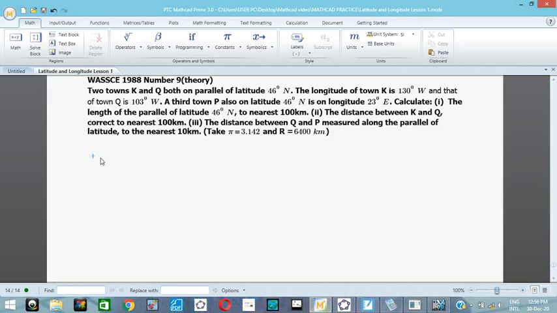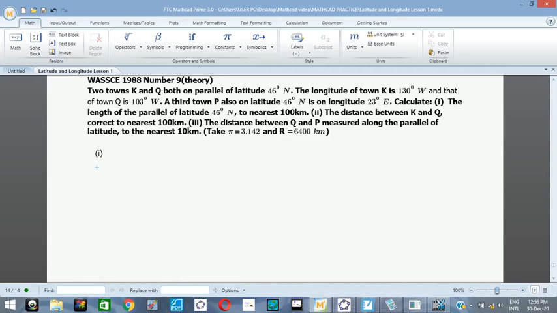So let's get number 1. Length of parallel of latitude. Let's start with the length of a circle, that is 2 pi r.